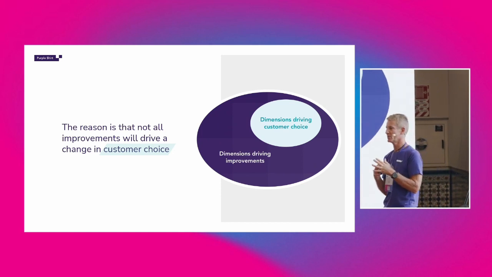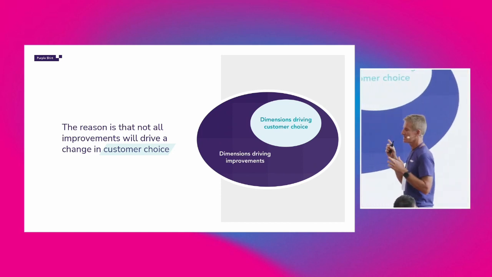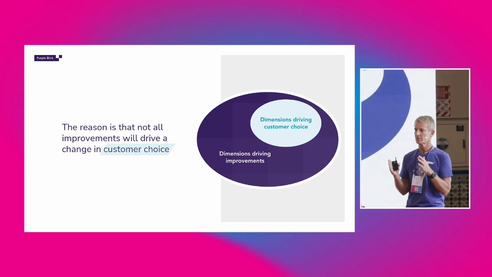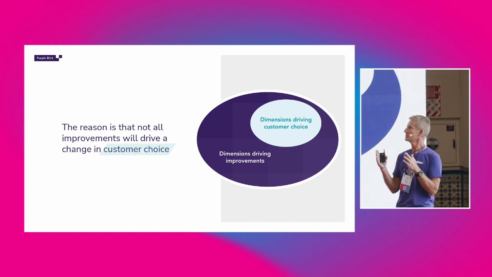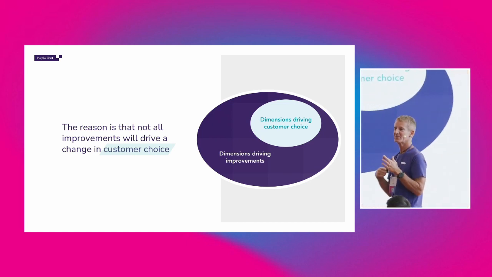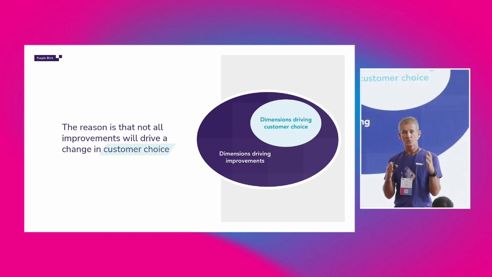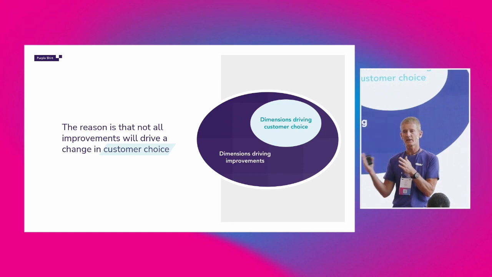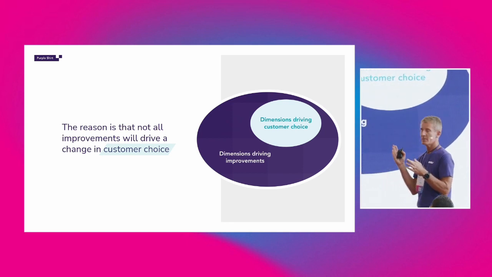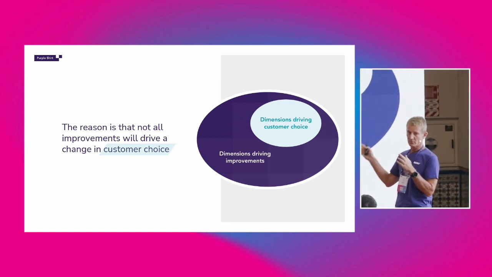The reason they're not equal is because some of those improvement dimensions will actually drive choice. They'll cause them to choose the new product over what's existing in market. But many of them won't.